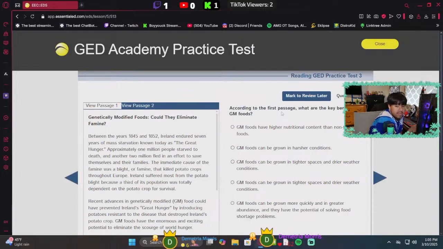According to the first passage, what are the key benefits of GM foods? Appreciate those likes, bro. GM foods have higher nutritional content than non-GM foods.